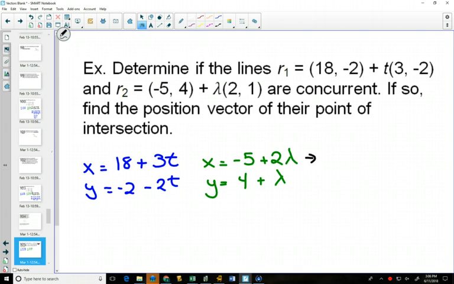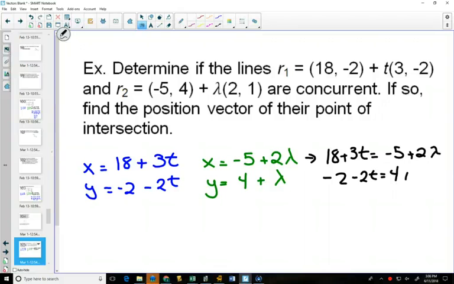And so, we've got 18 plus 3t is equal to negative 5 plus 2 lambda, and negative 2 minus 2t equal to 4 plus lambda. If this is my first equation and this is my second equation, I'm going to take my second equation and multiply it by negative 2, because that will cancel out my lambdas.